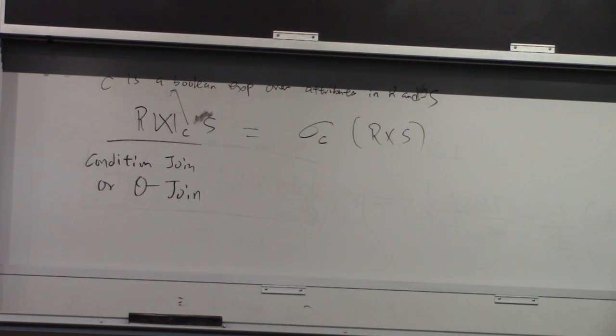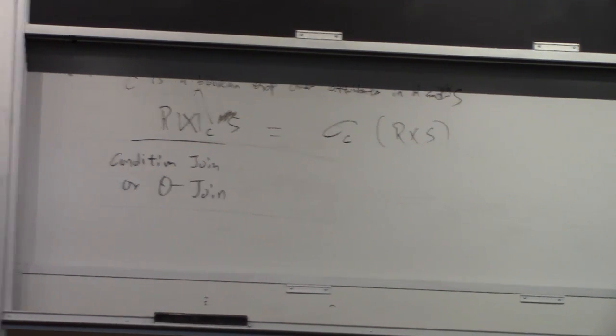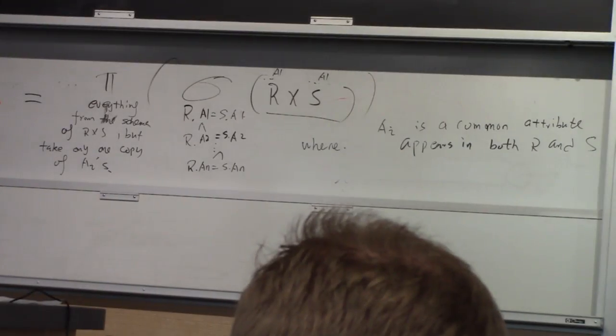And note that there's a distinct difference between condition join and natural join. What is that? There's no projection for a theta join. Does that make sense?